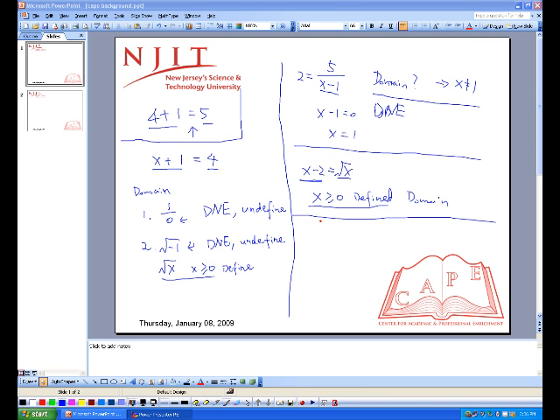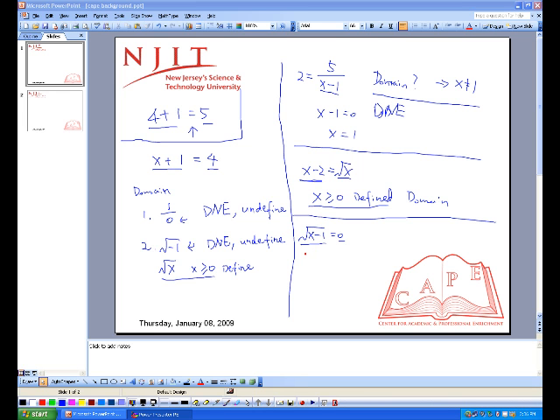And one last example would be square root of x minus 1 is equal to 0. When we encounter an expression like this, we look at the right side. 0 is always defined. What about square root of x minus 1? We know that a square root expression is defined when the inside is greater than or equal to 0.